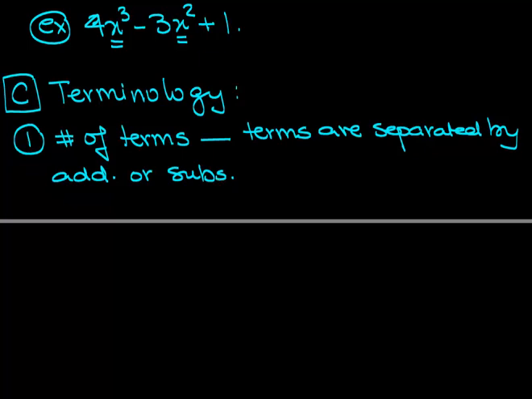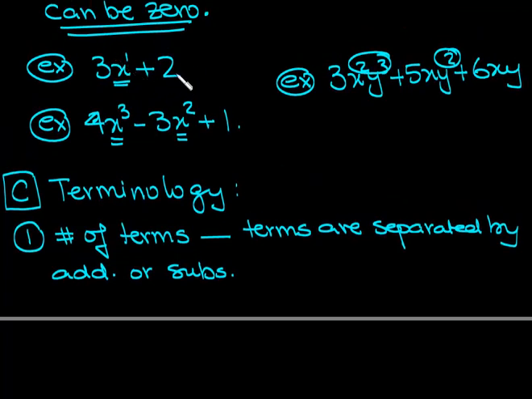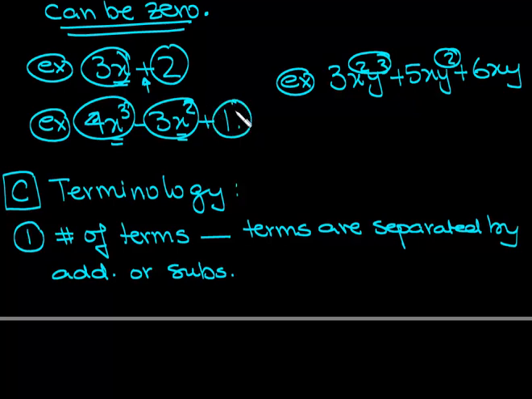For example, in this case, this polynomial has two terms because it's separated by addition or subtraction. So I have 1 and 2 terms. This polynomial has 3 terms: 1, 2, and 3. Terms are things that are separated by addition or subtraction, and the sign always goes with that term. This also has 3 terms.